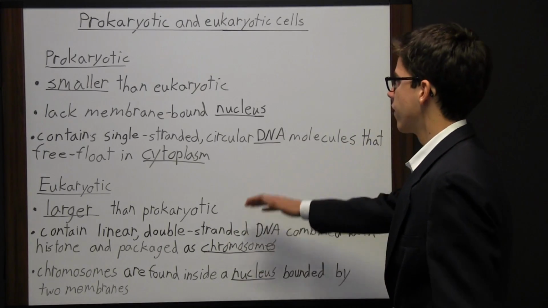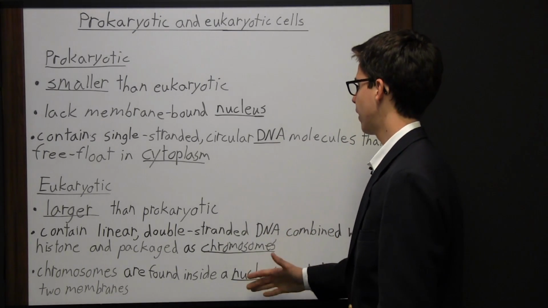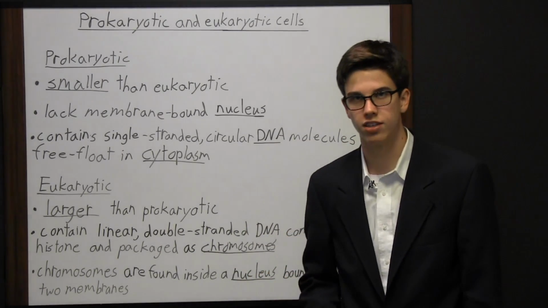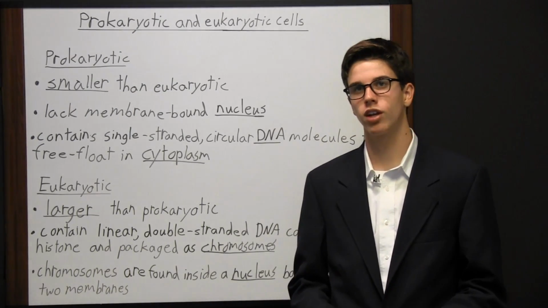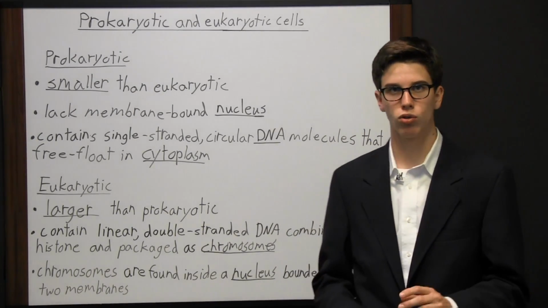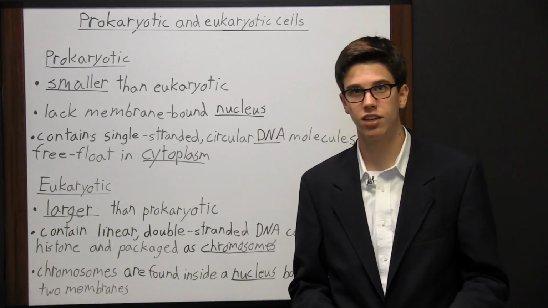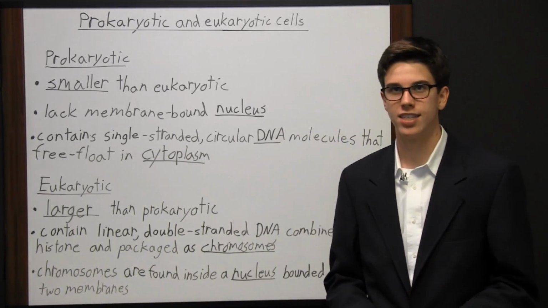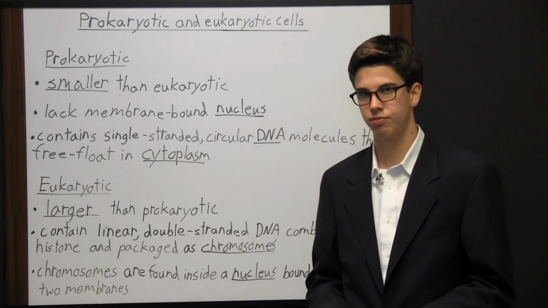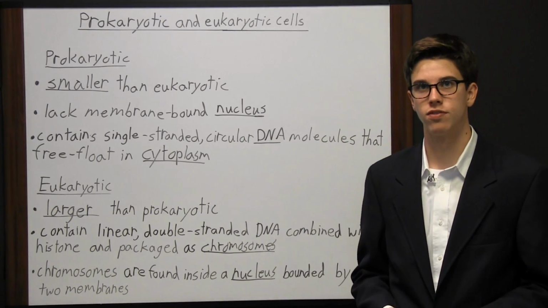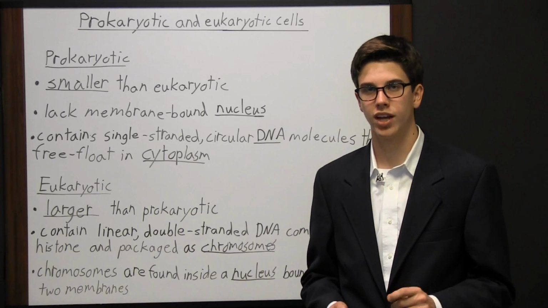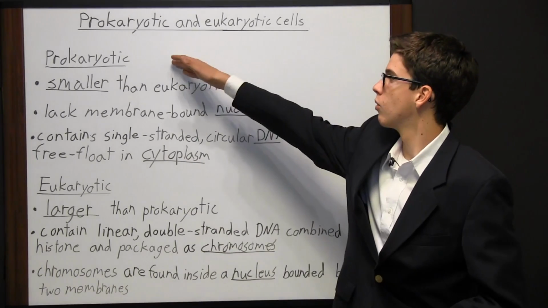So notice here, the eukaryotic cells do have a membrane-bound nucleus. Now, eukaryotic cells contain a variety of other membrane-bound organelles, such as mitochondria, chloroplasts, endoplasmic reticula, Golgi bodies, lysosomes, and vacuoles. Now, eukaryotic ribosomes are larger and more complex than those found in prokaryotes.